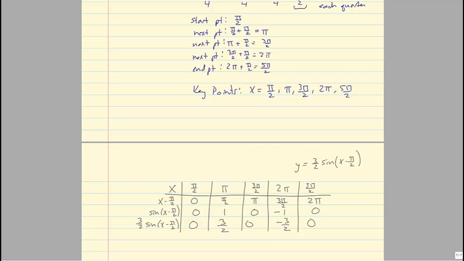Okay, now I plot these ordered pairs. And the ordered pairs I want to plot are pi over 2, 0; pi, 3/2; 3 pi over 2, 0; 2 pi, -3/2; and 5 pi over 2, 0.